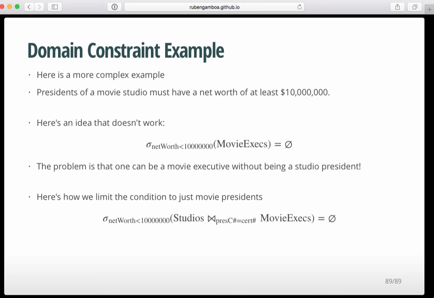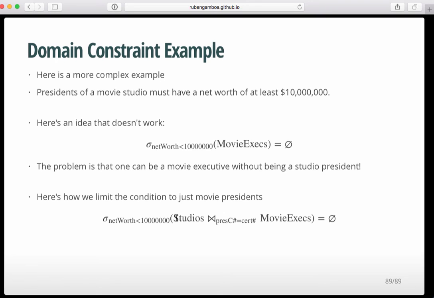That selection should return empty. The reason you can't do that is because movie execs has lots of executives, not just the president, but it also has the intern that's making, you know, $2 an hour, maybe not even getting paid. So no, you can be a movie exec without being a studio president. We need something different.